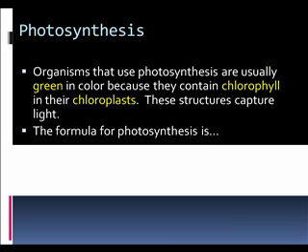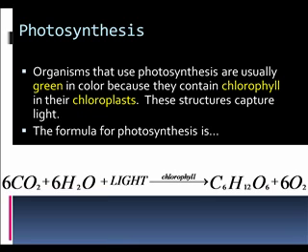You will need to know the formula for photosynthesis. The formula is 6 carbon dioxide added to 6 water added to light energy inside of the chloroplast gives off sugar and oxygen.